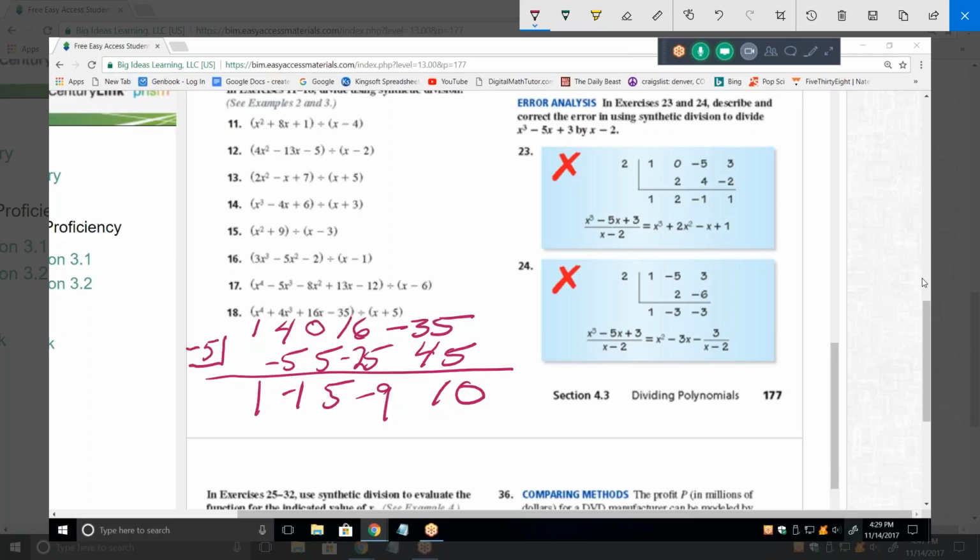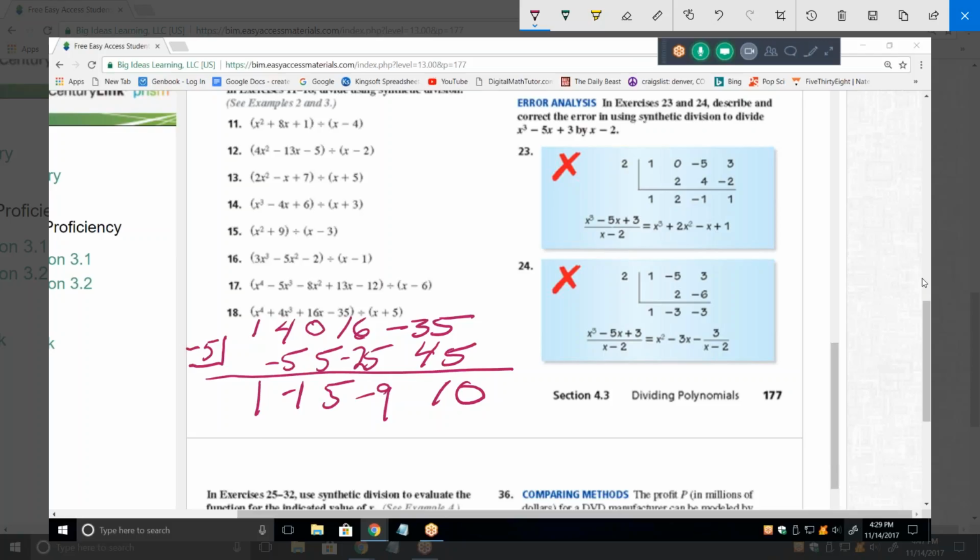So cubic. So tell me. What's the answer? Cubic, I think. What's the exact answer?